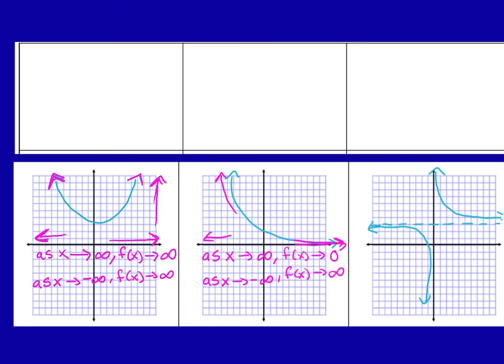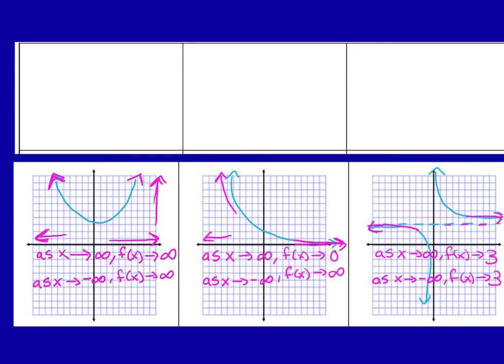I'm just going to write on top of my graph, but as x approaches positive infinity, as we're going this way, the y values approach the asymptote. They approach 3. And in the other direction, as x approaches negative infinity, f of x approaches also the horizontal asymptote, just from the other direction. So they both approach 3.